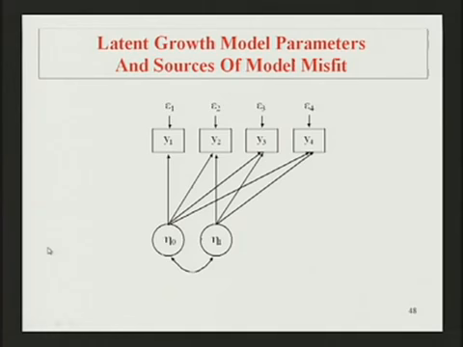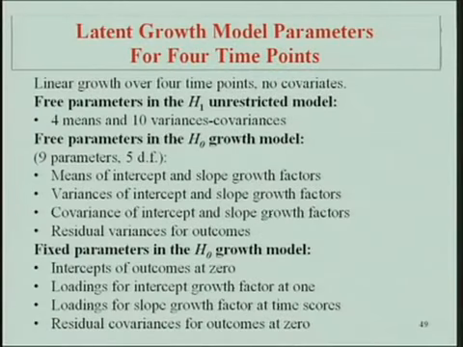So if you look at this model, say that we have linear growth over 4 time points, no covariates. We're going to make a distinction between the H1 and the H0 models. H1 model being a totally unrestricted model, and H0 being the growth model that we're interested in.